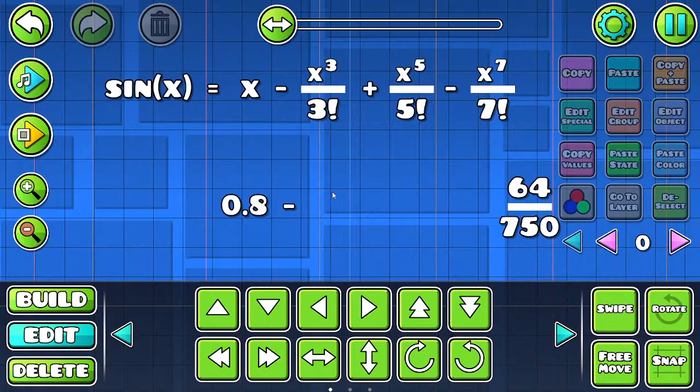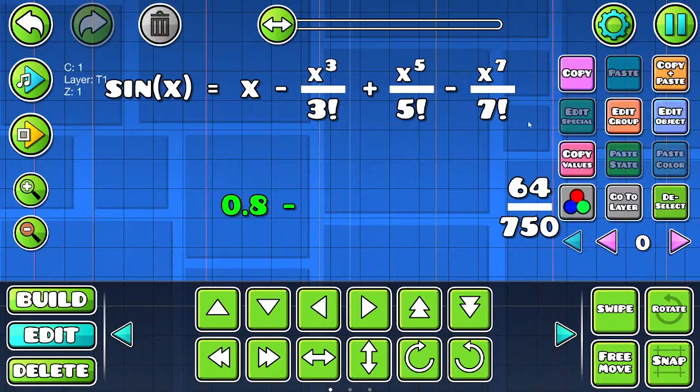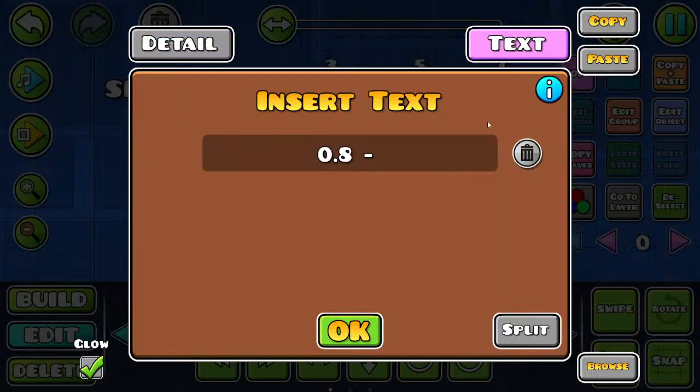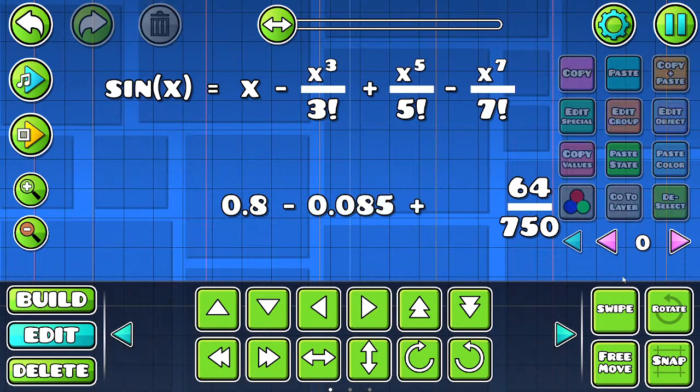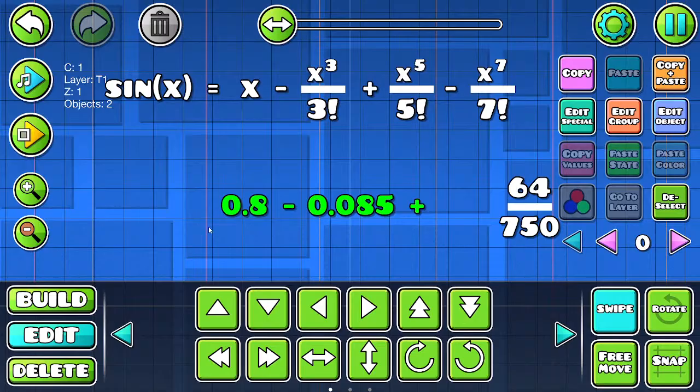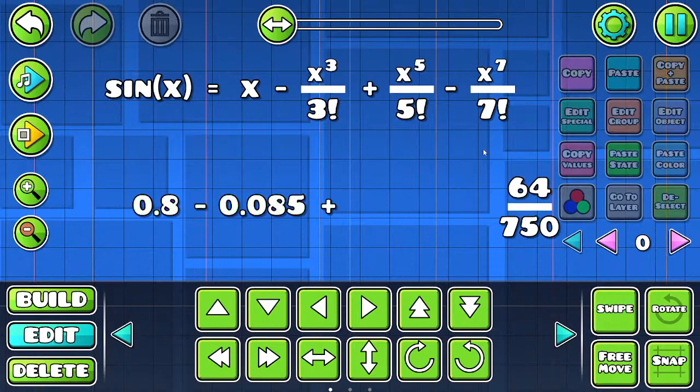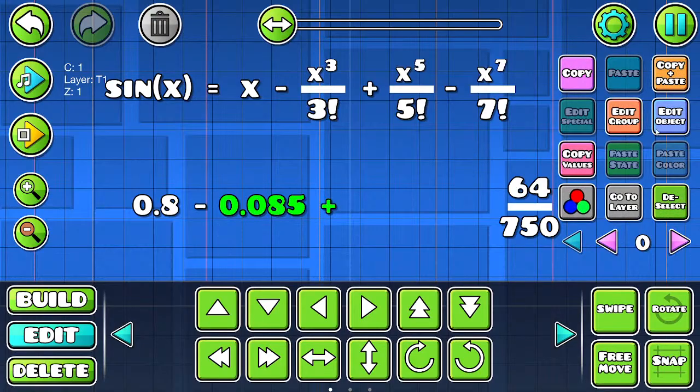It's less than a tenth. I have no idea what the answer is. I'm gonna guess it's about this number. I'm hoping that 64 over 750 is 0.085 because I am really struggling. This is not cool.